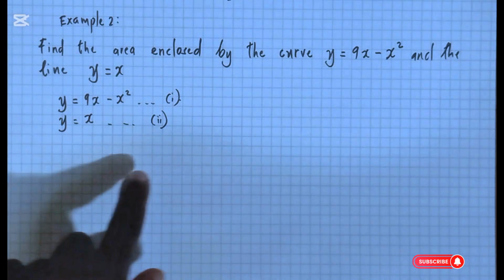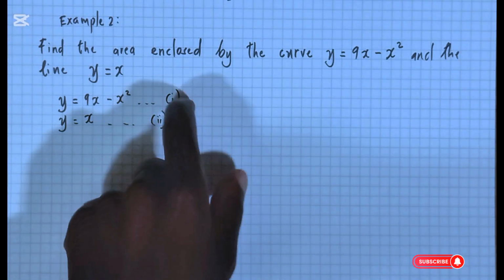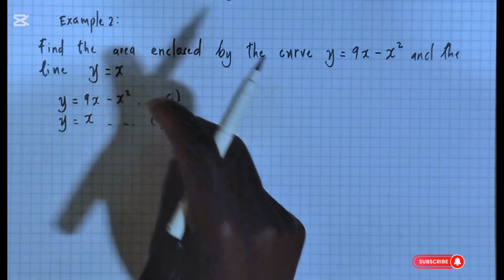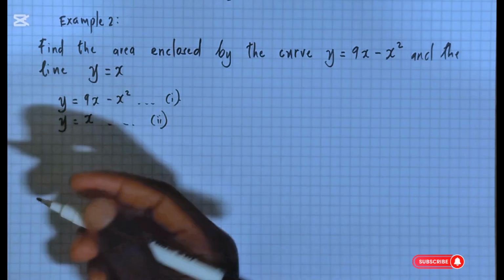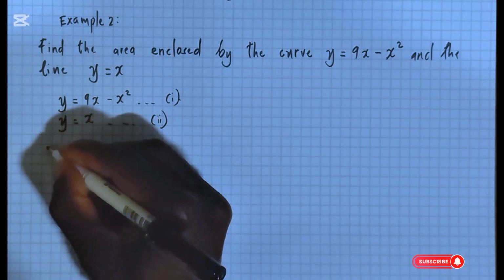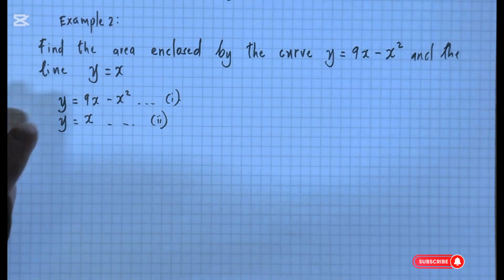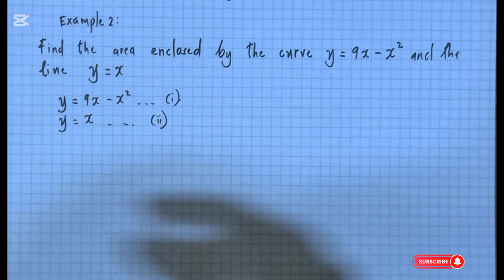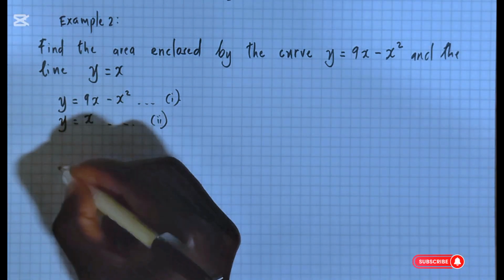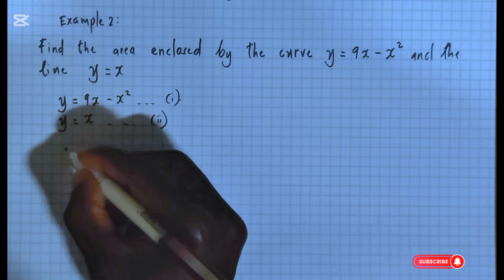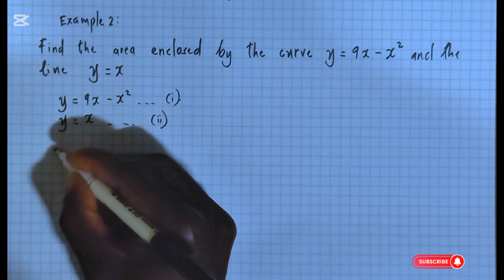So basically equation 1 and equation 2 are equal. Therefore, if I take equation 1 minus equation 2, because they are both y, I should get 0.